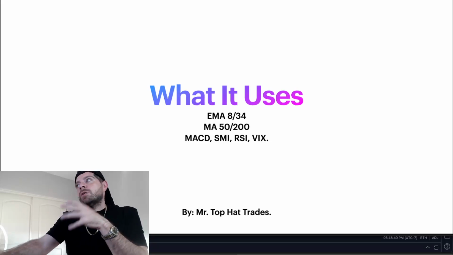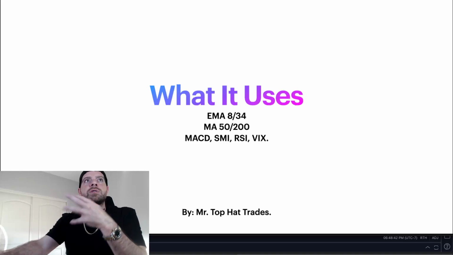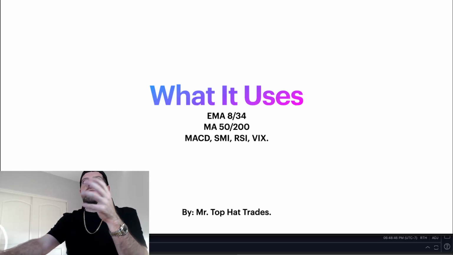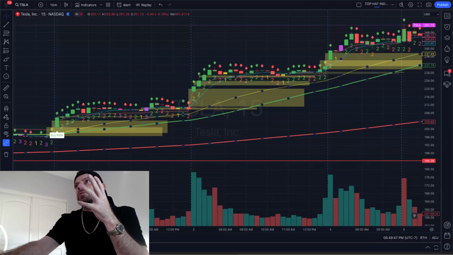Now I want to show you when to get in and how to use this indicator to your advantage. We'll look through Tesla at how many times it has given us an indicator, when it gives us a false indicator, and when it's 100% that this play could continue, by looking at all of these things combined together. So here we go.